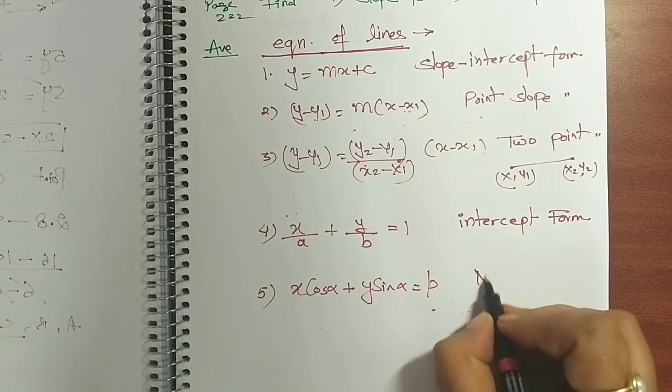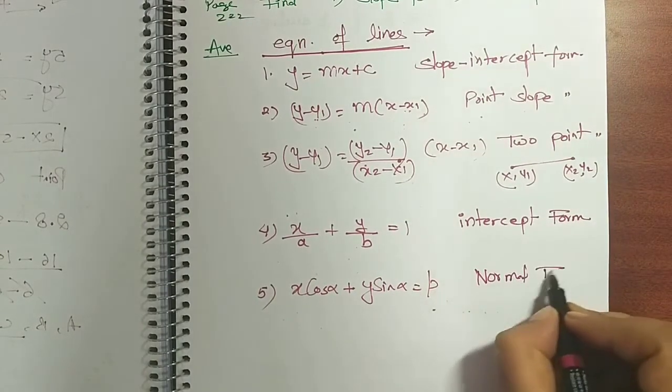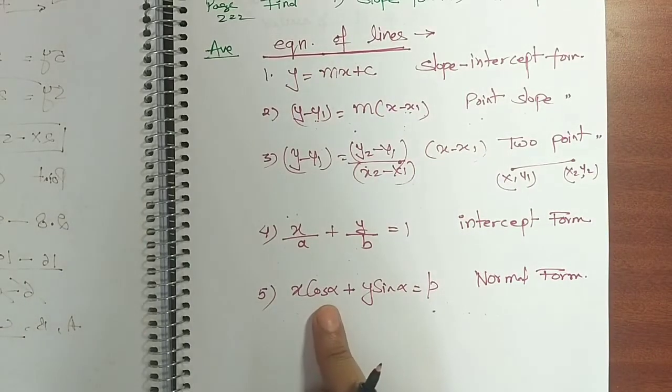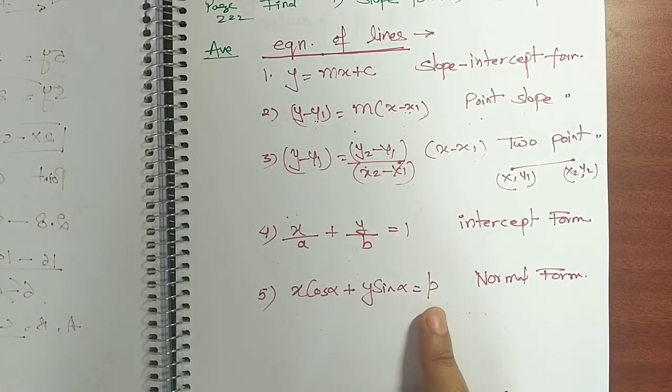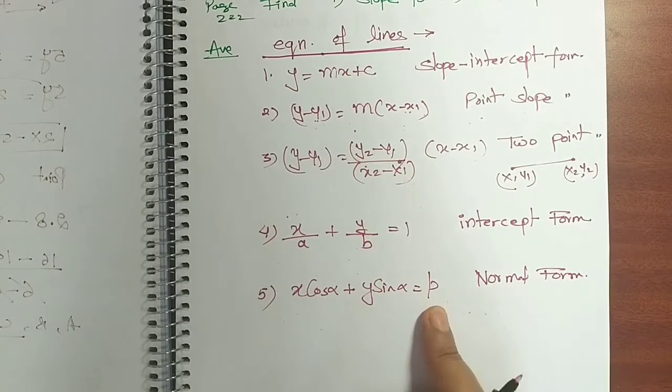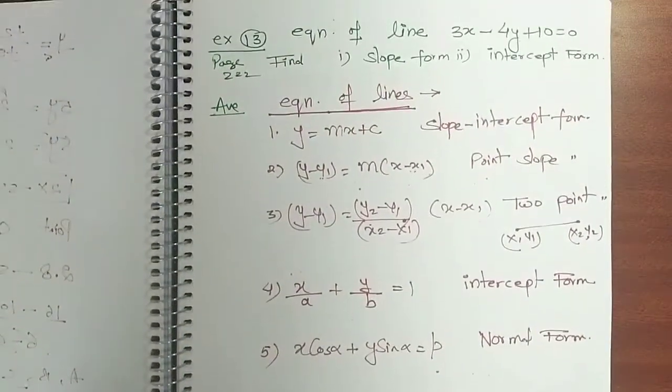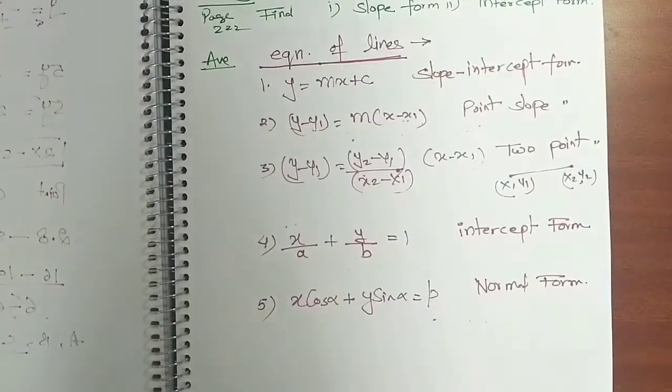This is called normal form. Okay. I will explain you in detail when the question will come what is the meaning of alpha and p. P is actually the length of a normal on the line from origin. So out of these 5 forms, they are asking the given line to be converted into slope form.